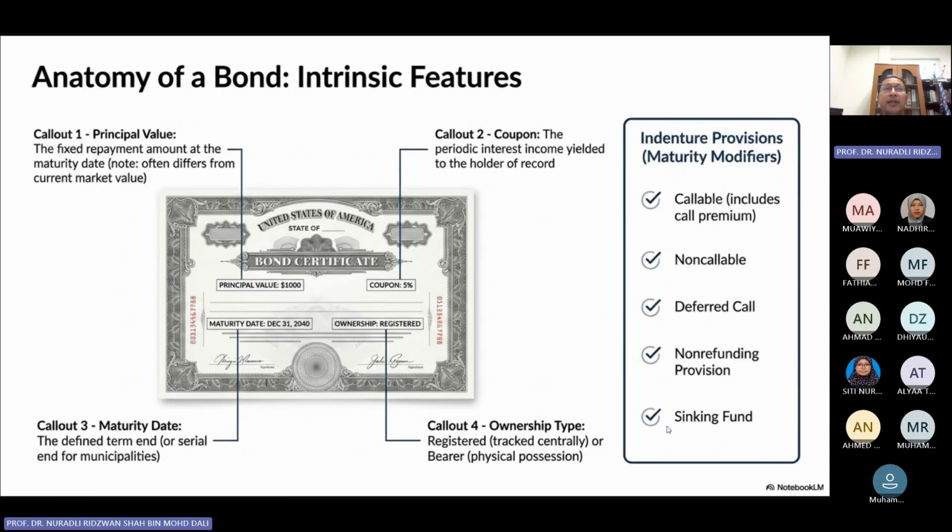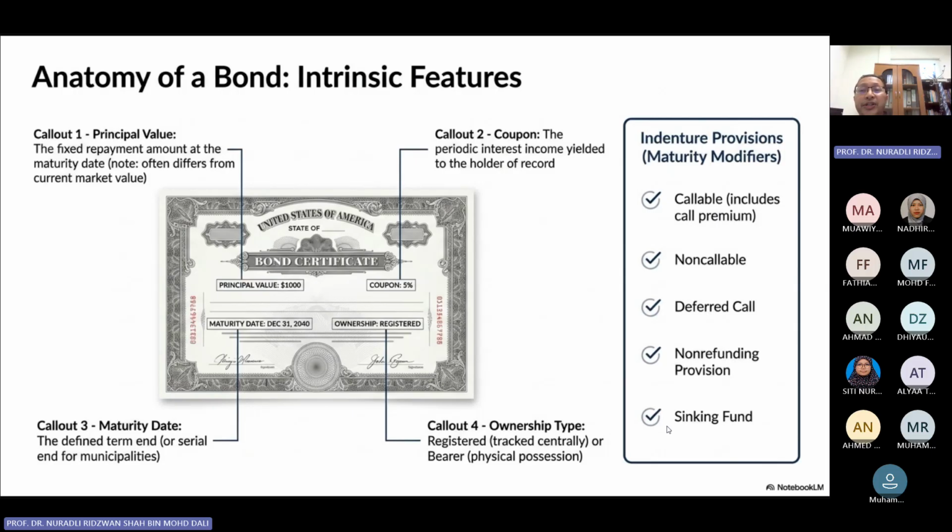For example, callable. Let's say the maturity date is 1 year, but 3 months after you have bought the bond, the issuer says, I want to call back the bond. They have this indenture provision if it is a callable bond.